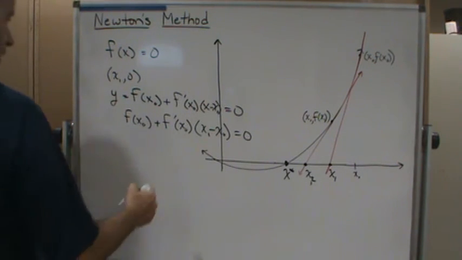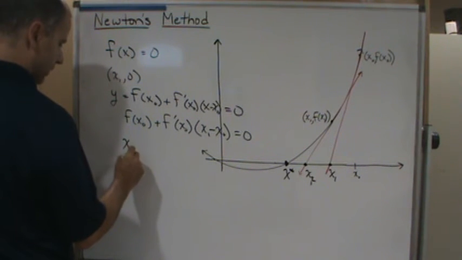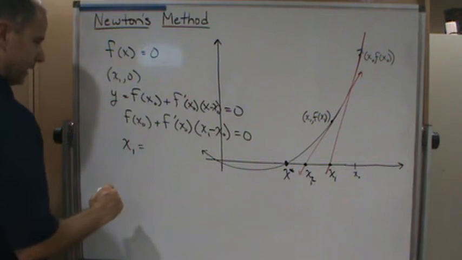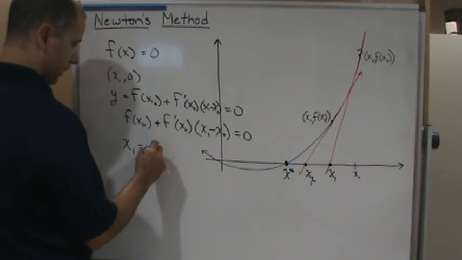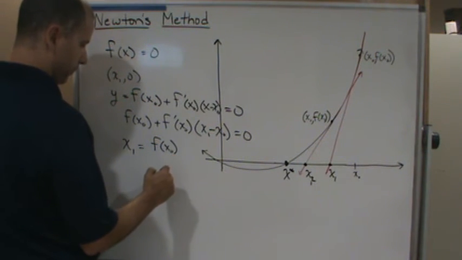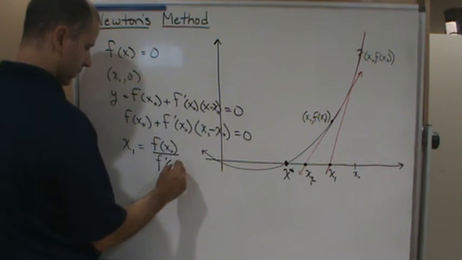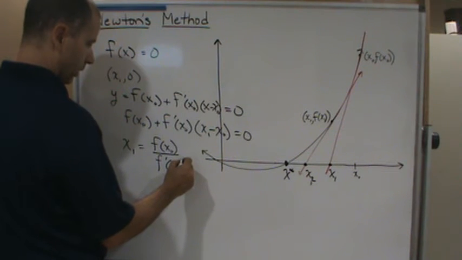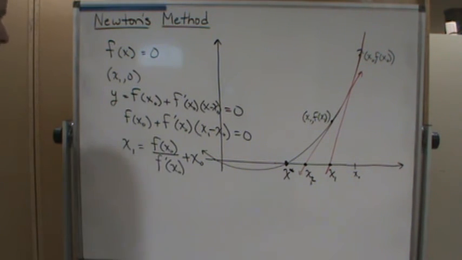And then of course if we solve for x1, it means x1 is equal to, it's going to be f of x0 divided by f prime of x0 plus x0.